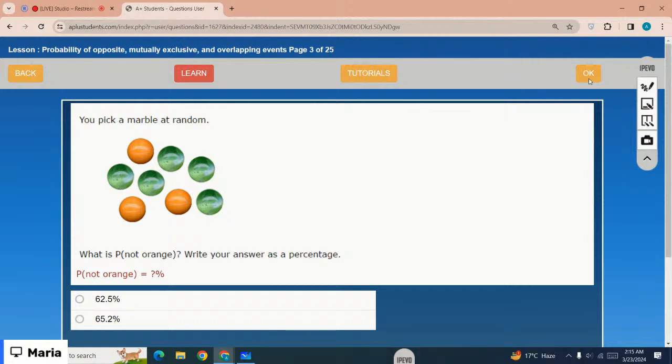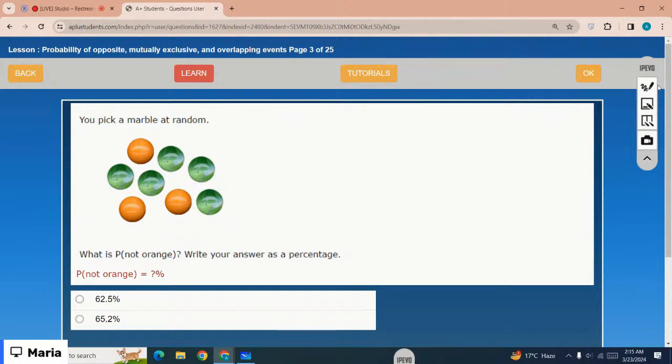The probability of not orange. Okay, so the probability of not orange means you need to calculate the probability of green, right?